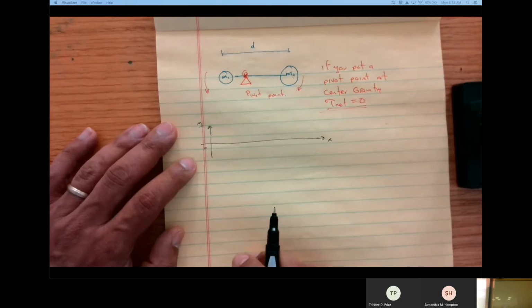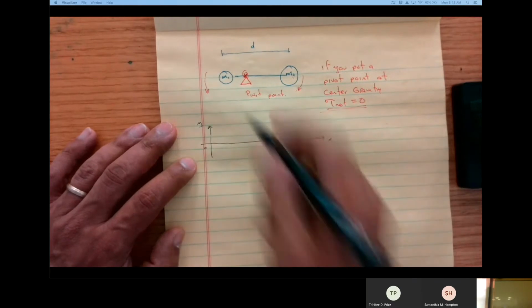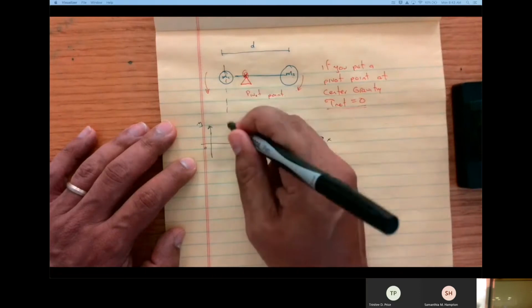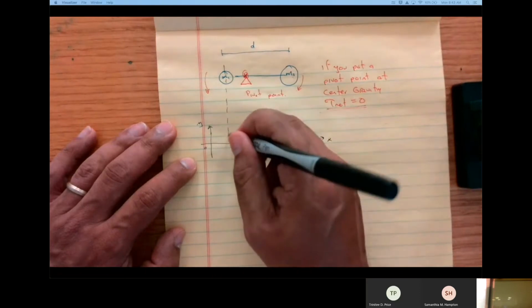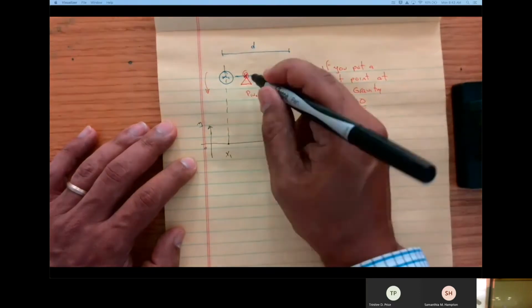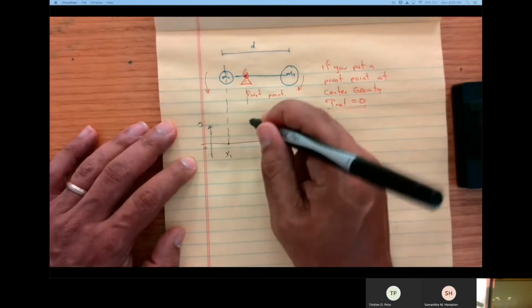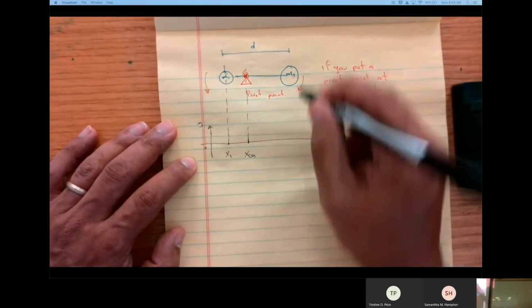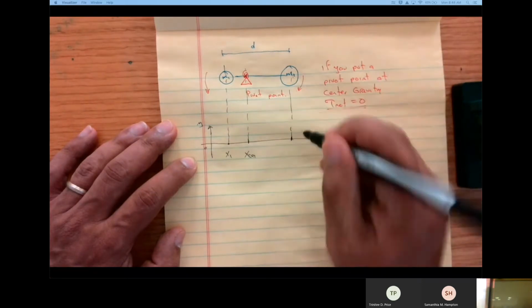I'm going to call this X1, and this is going to be the position of the center of gravity, and this is going to be x2.